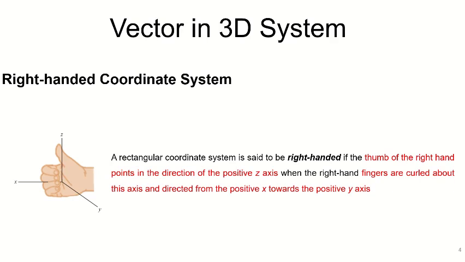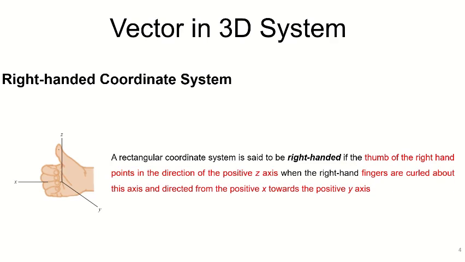It says that a rectangular coordinate system is said to be right-handed if the thumb of the right hand points in the direction of the positive z-axis.